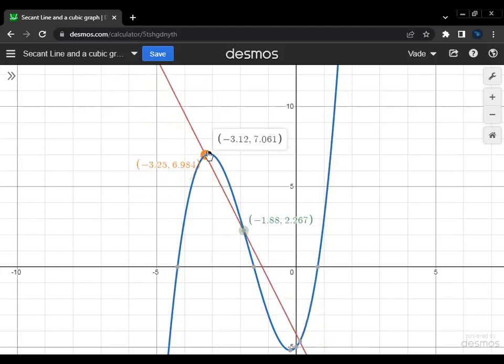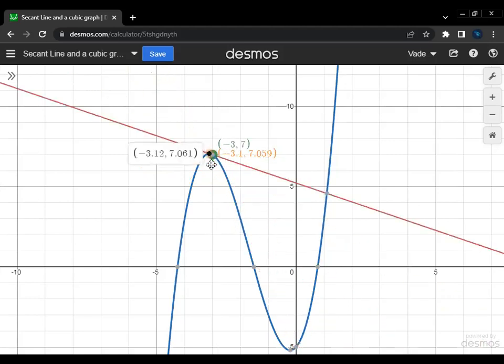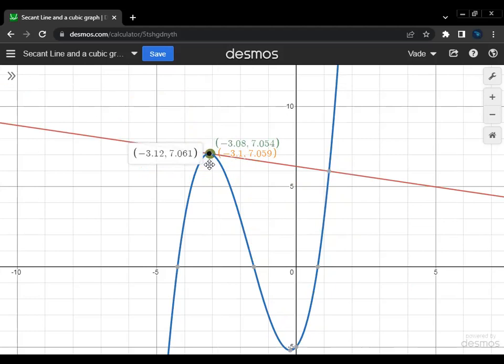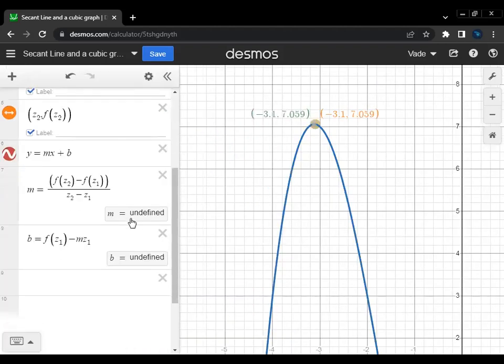Of course, if we put the yellow point and the green point together here, what happens? The slope here is undefined. You can't.